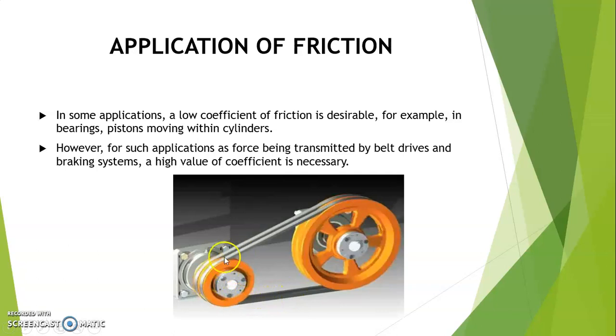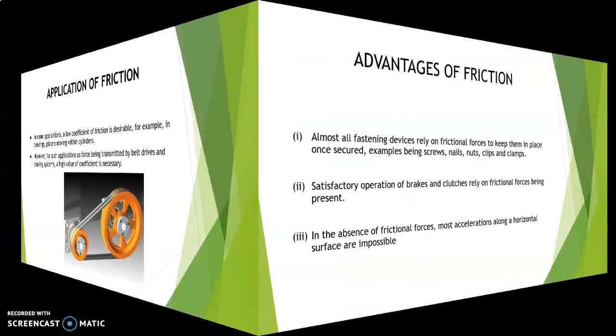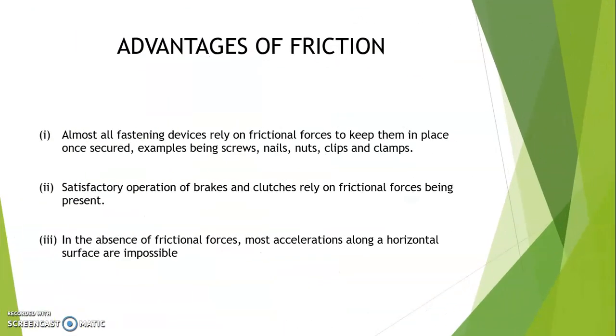Friction finds application here in the sense that maximum power will be transmitted from one shaft to the other when the value of friction force between the belt and the flywheels is actually high. The belt is supposed to grip the flywheels with a higher value of friction for power to be transmitted effectively.